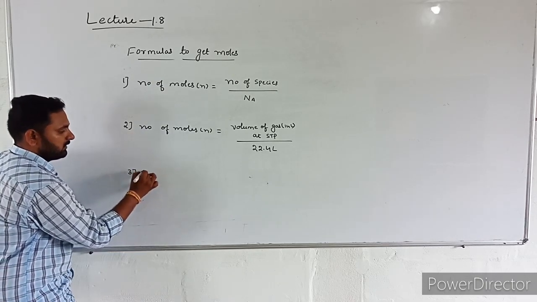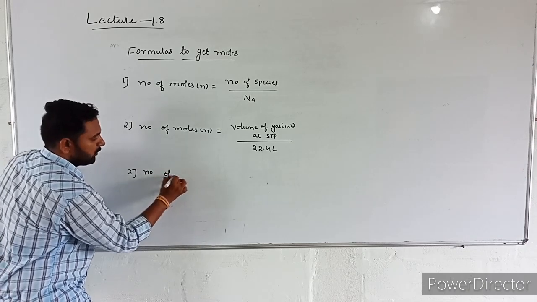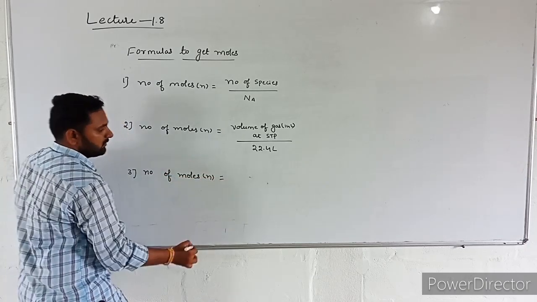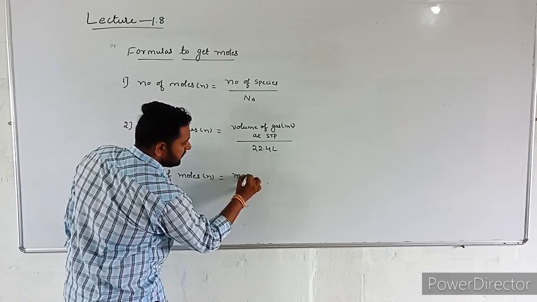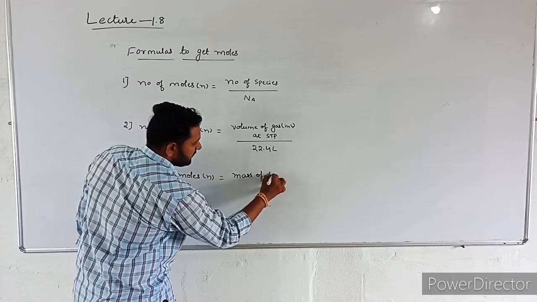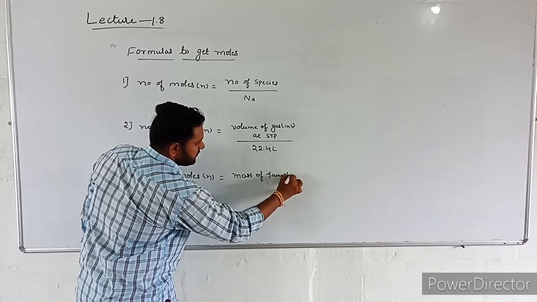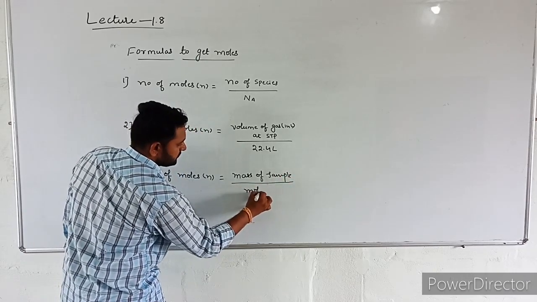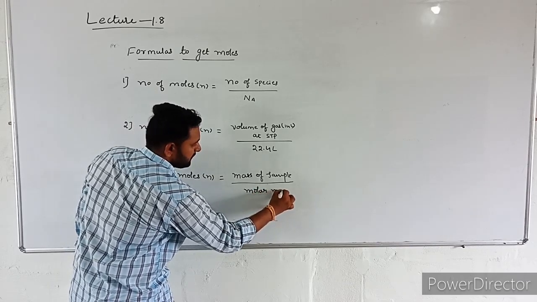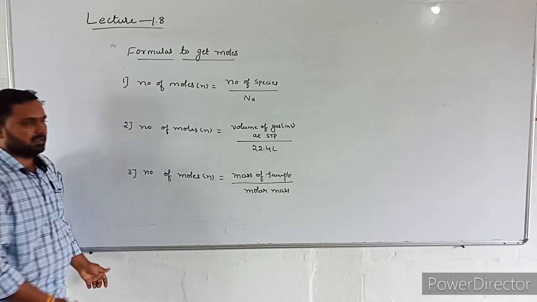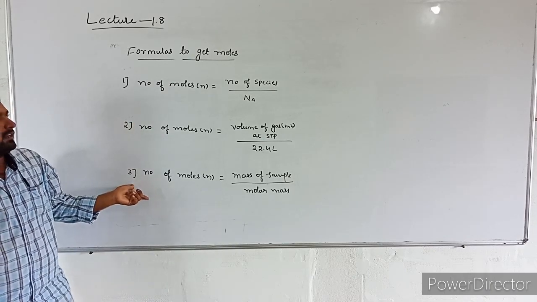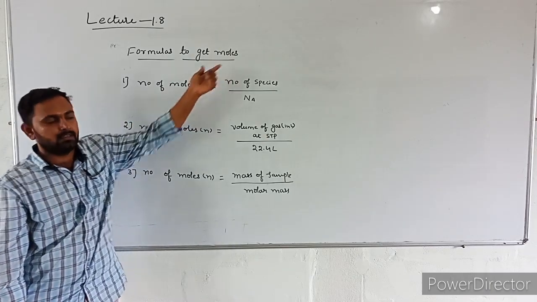The third formula: number of moles is equal to mass of sample divided by molar mass. By using these three formulas, we can calculate the number of moles.